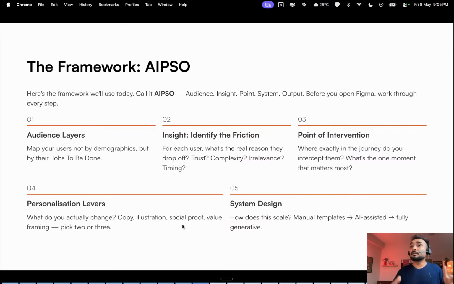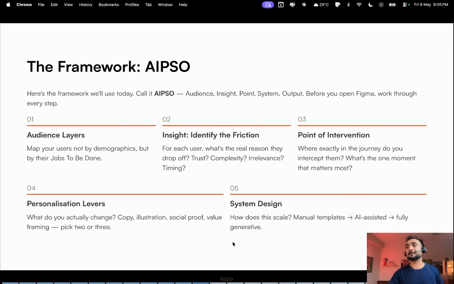Or the value framing, which is how do we communicate the value to each and every individual differently? Is it possible? These are all the personalization levers. You can use a combination of two or three out of these and then solve it.